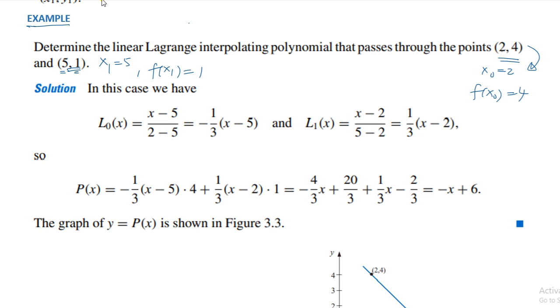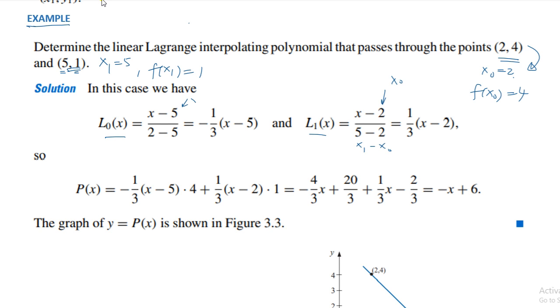Now we have to find L0 and L1. L0 is x minus x1, because we take the opposite, where x1 is 5, divided by x naught minus x1, which is 2 minus 5. And L1 is x minus x naught, which is 2, divided by x1 minus x naught.